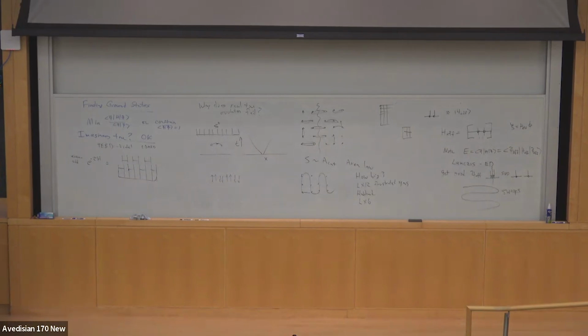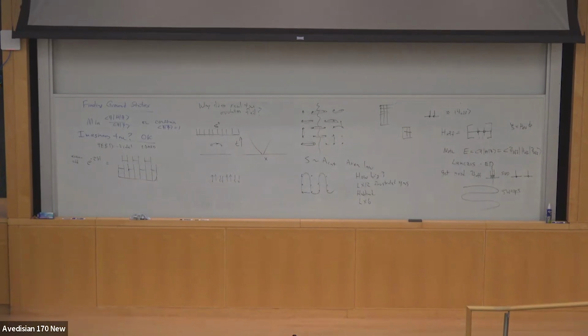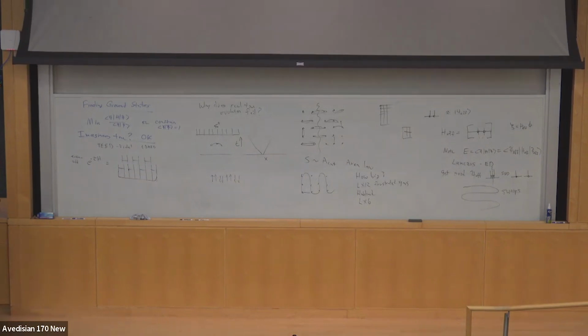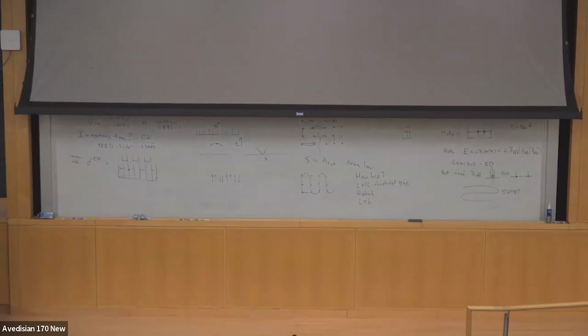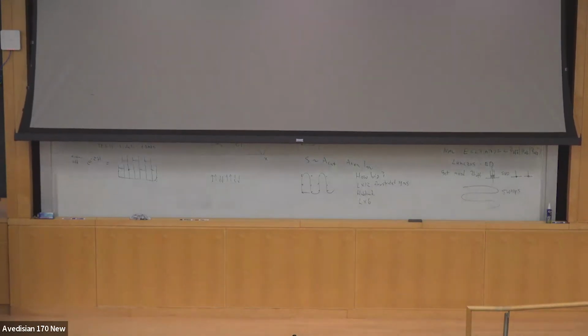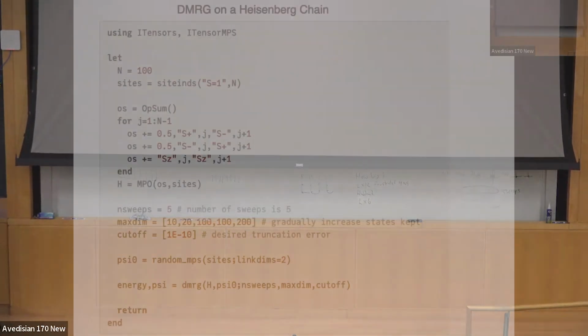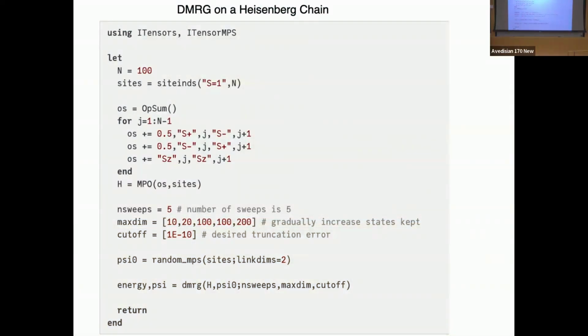Let me show slides again. I wanted to show you how easy it is to use ITensor to do a DMRG calculation on a spin chain, and to do it flexibly so that you can put a whole range of Hamiltonians in there.